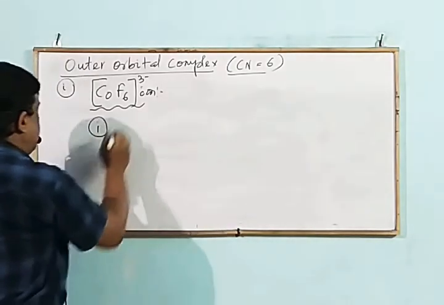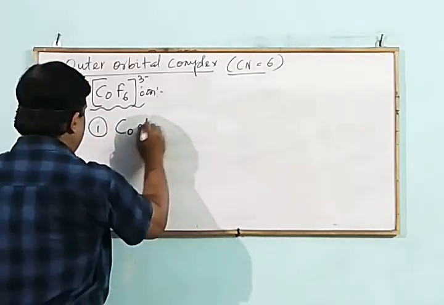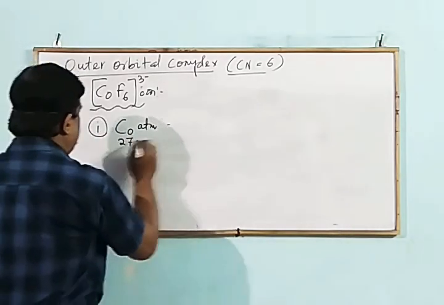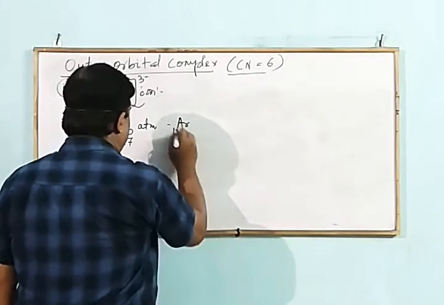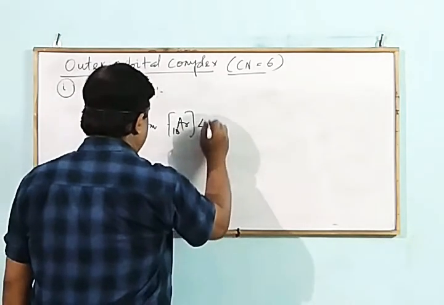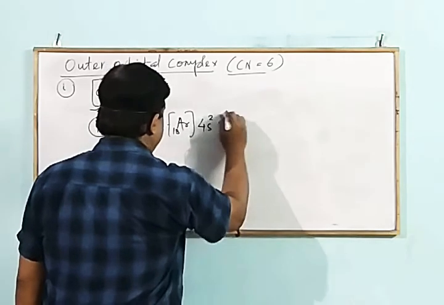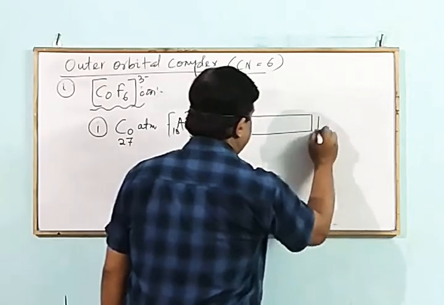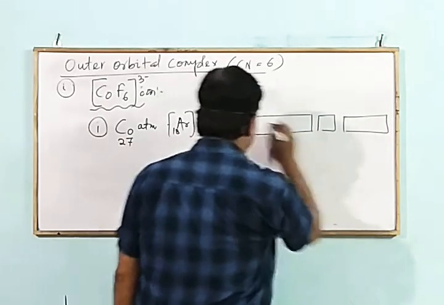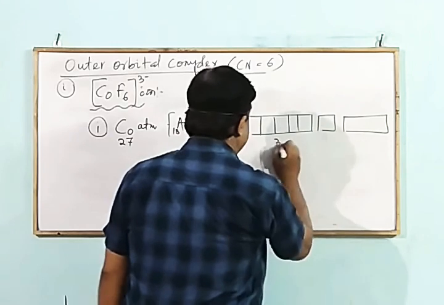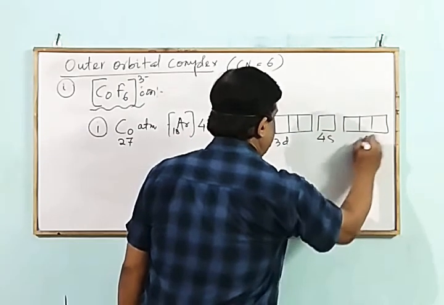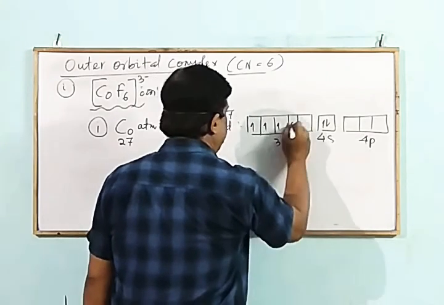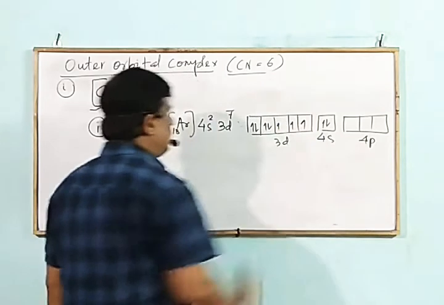From this example, it is clear that the central metal atom is cobalt, having atomic number 27, noble gas electronic configuration argon 18, 4s2, 3d7. The expected box-like diagram is 3d, 4s, 4p: 4s2, 3d7, with 7 electrons in 3d.